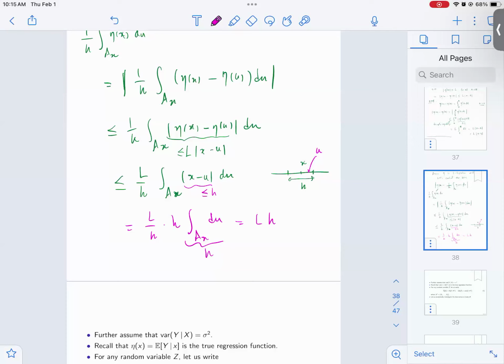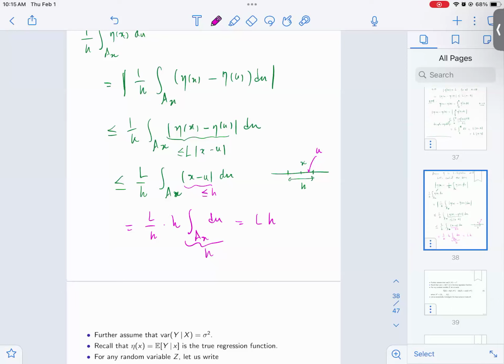You go through this, and this would be h to the d because that's the volume of the cube. But then when you integrate with h to the d, this would cancel that, and this would be the norm. If you're in the cube, the norm would still be bounded by h.